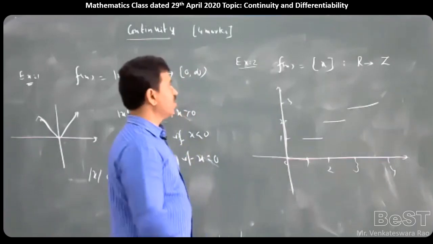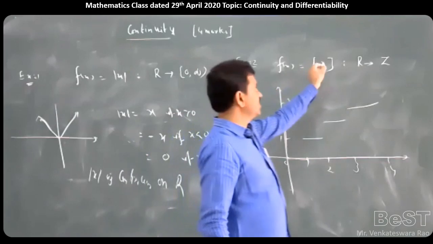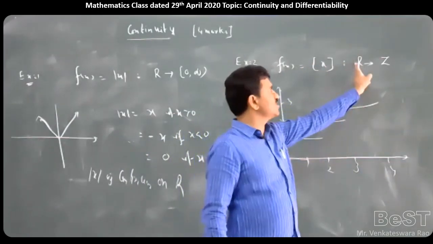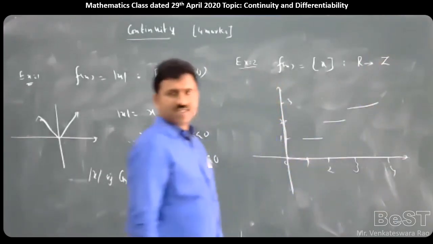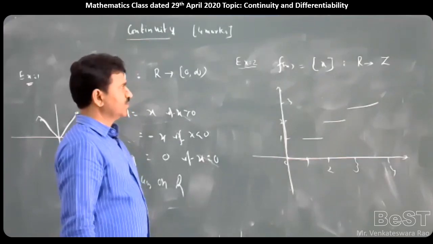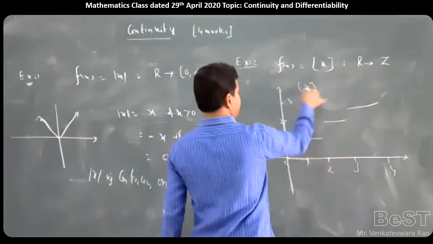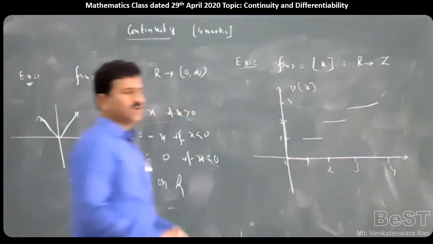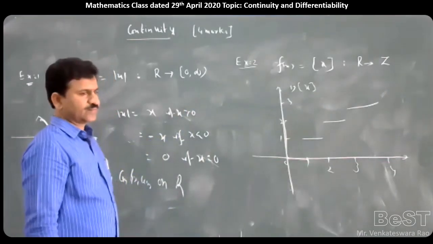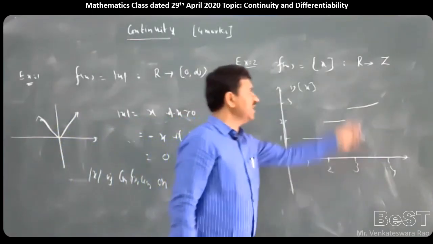Note an important point. First define the function f of x equals step x. It is defined for all x belongs to R. Domain is R. Range is integers. Step x is discontinuous at integral values of x or integer values of x.